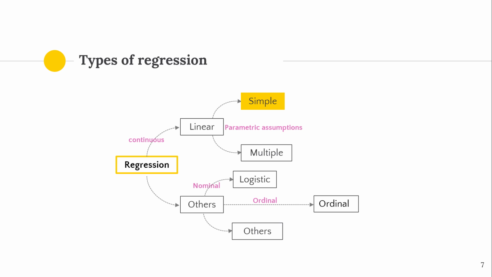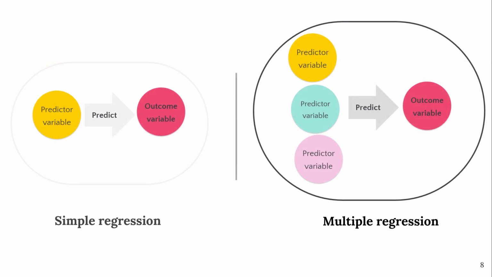As this tutorial will focus on simple linear regression, please be mindful that from now on, when I say regression model, I mean simple linear regression, as opposed to multiple regression and nonlinear relationship. The difference between simple and multiple regression is the number of predictor variables your regression model has.